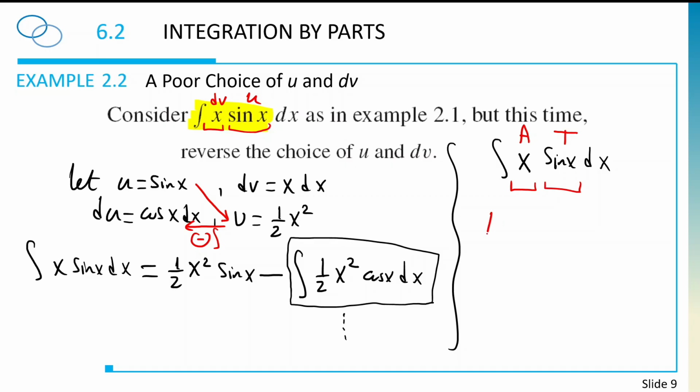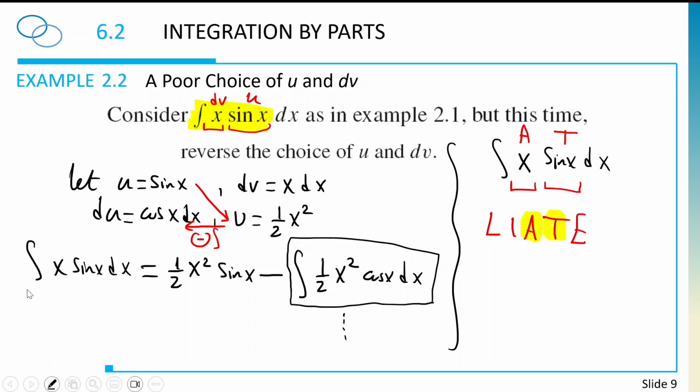Now, what does LIATE say? Look here: A and T, I have these two letters. I have the A and I have the T. Which one comes first in the word LIATE? I mean the order within the word LIATE. The letter A comes first, right?